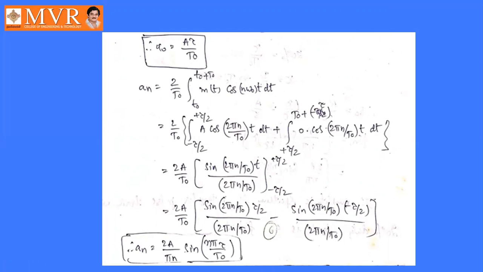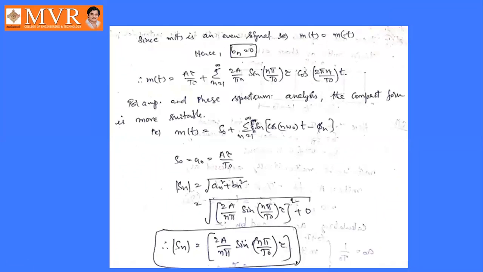And an equal to 2 by T naught into the integral from T naught to T naught plus T naught of m of t cos n omega naught t dt, right? So by simply substituting, we'll get an value is 2A by pi n into sin of n pi by T naught into tau. That is an value. So it is an even signal.